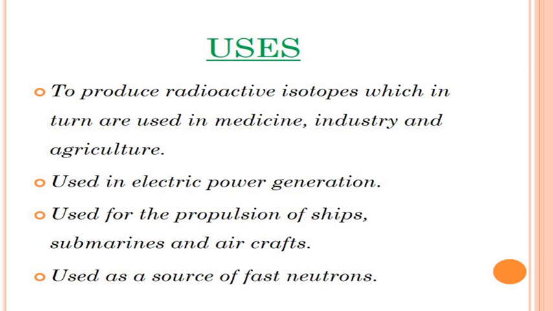It is also used for the propulsion of ships, submarines and aircraft, and as a source of fast neutrons. The fast neutrons available from a nuclear reactor can be used in several other reactions also. So these are the uses of a nuclear reactor, and we know that a nuclear reactor is a very efficient source of energy.